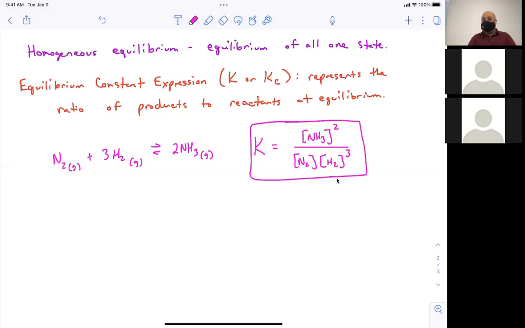Remember, just like in math, an expression means no numbers. So you're not putting values of molarity in for NH3, N2, and H2. You're just literally writing them in variable form with their exponents. I guess the exponents don't really count as numbers because they're part of the equation, not like values that you're plugging in. So an expression in math is the same as expression in chemistry. No numbers involved. Okay. Questions? Okay.